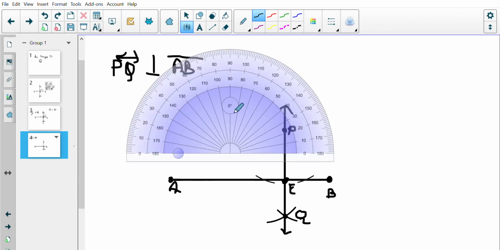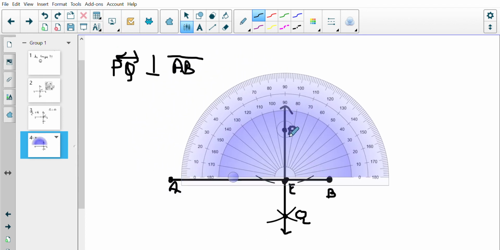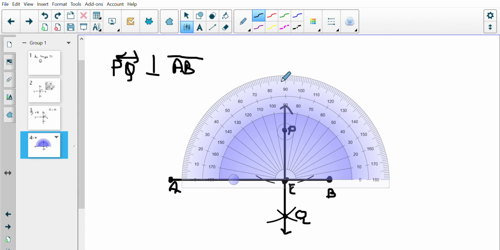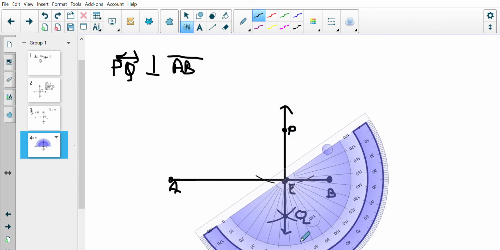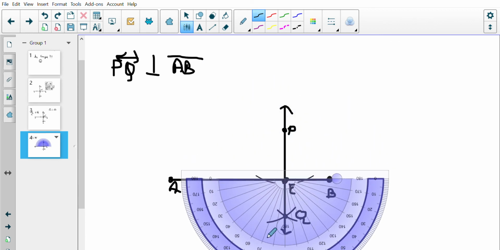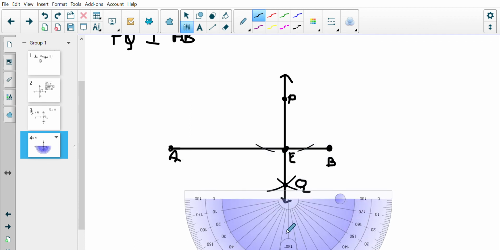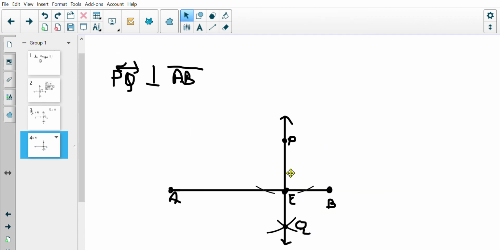If you take a protractor and measure it, it's exactly 90 degrees, and even on the other side it will be 90 degrees. So this is what we got. And if you see, angle PEB is 90 degrees.